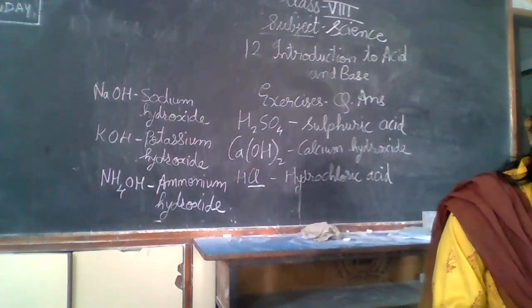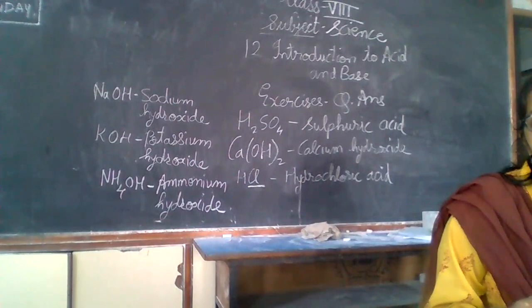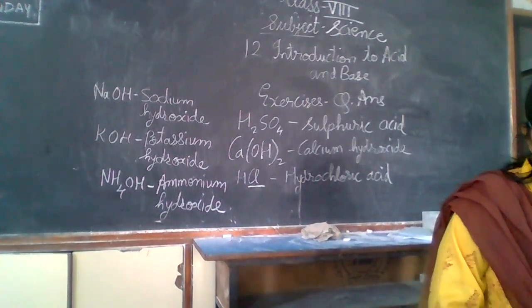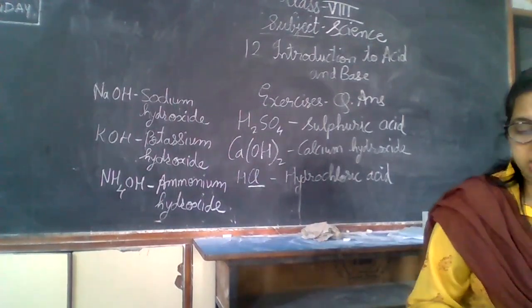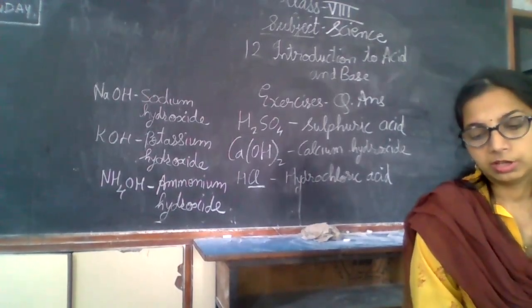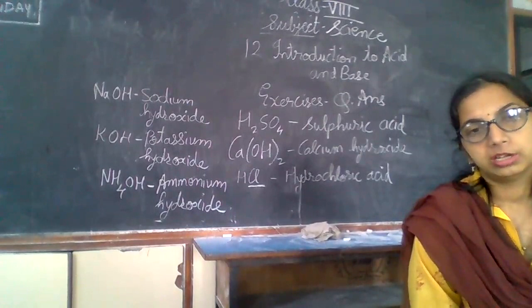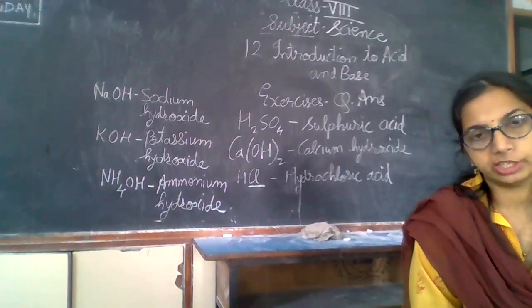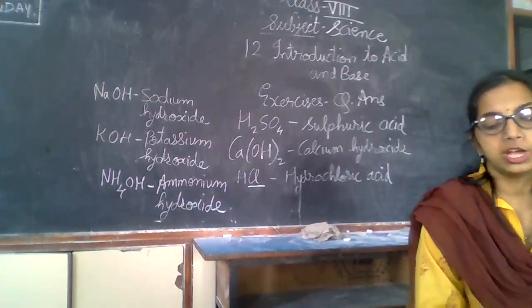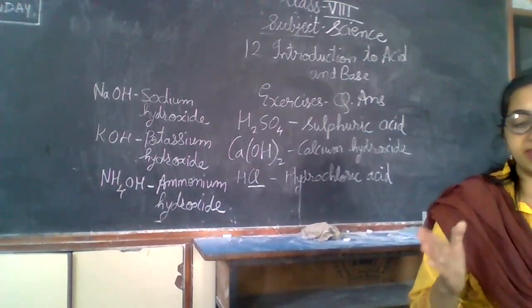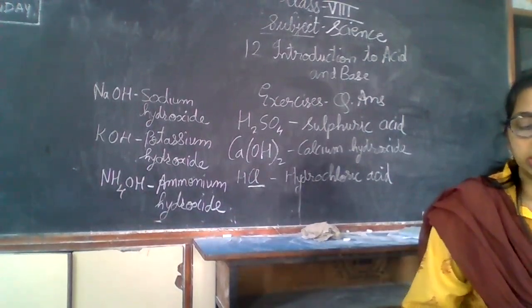Next question, which substances are produced by the neutralization process? Salt and water are formed. In an earlier class, we wrote the equation: acid plus base gives salt and water.